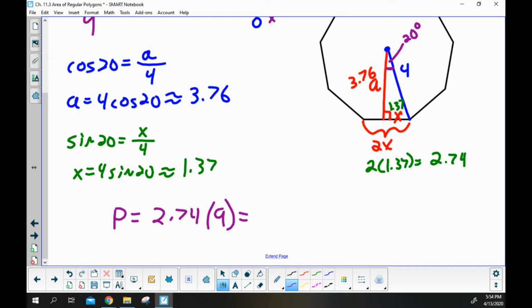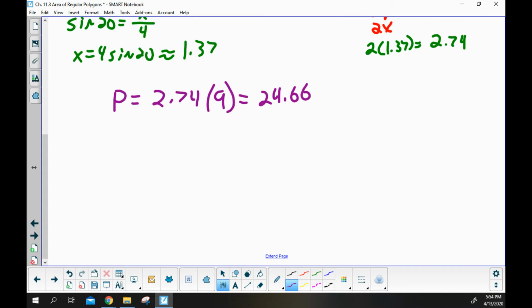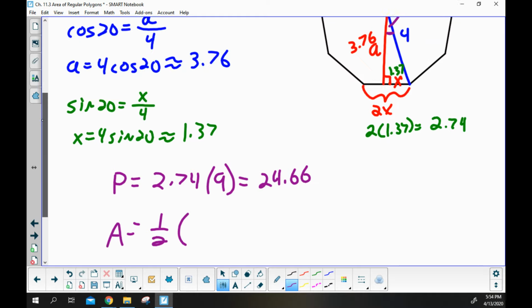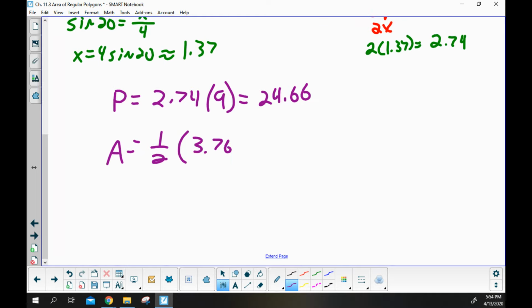Oh, I'm sorry, 24.66. I was a little off there. 24.66. So there's my perimeter. And now I can use that to find my area. Area would be 1/2 the apothem, which is 3.76, times that 24.66 we just got from the perimeter.